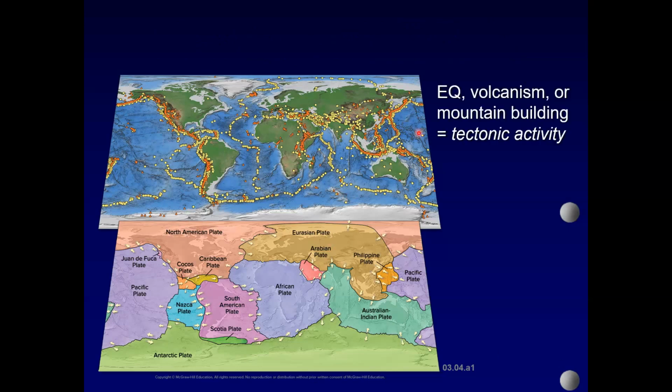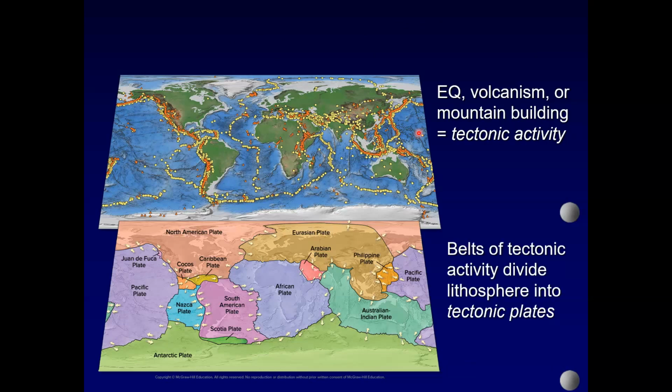I want to say right now, earthquakes, that's EQ, volcanism, or the building of mountains, we call that tectonic activity. We have these belts of tectonic activity that divide our lithosphere, our upper earth material, into tectonic plates.